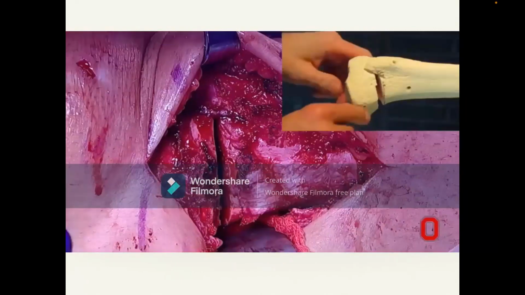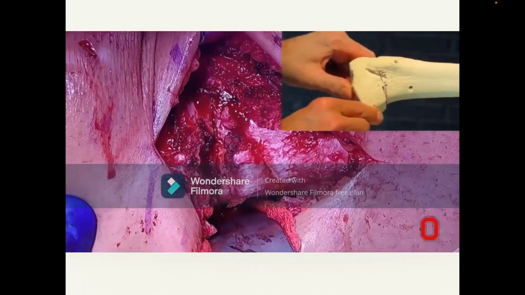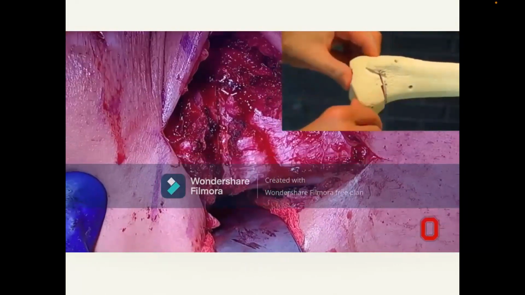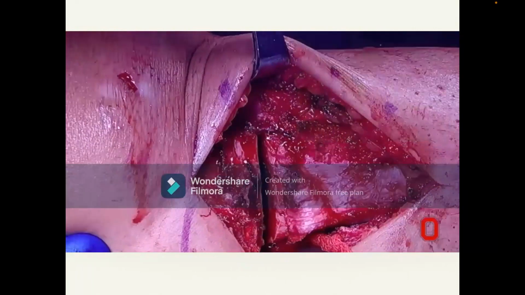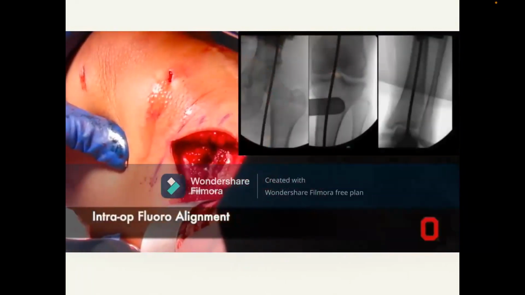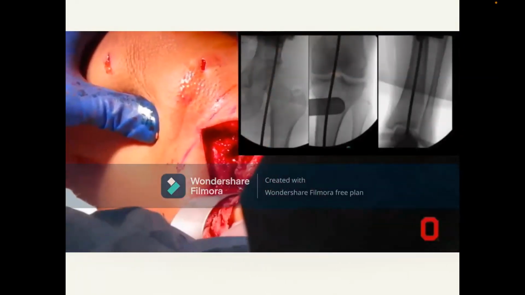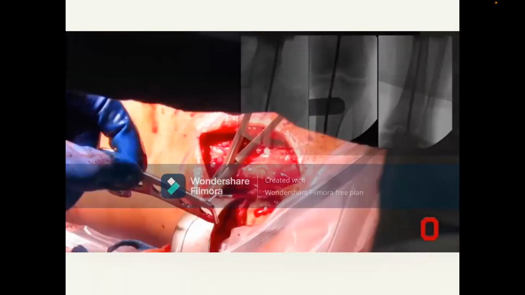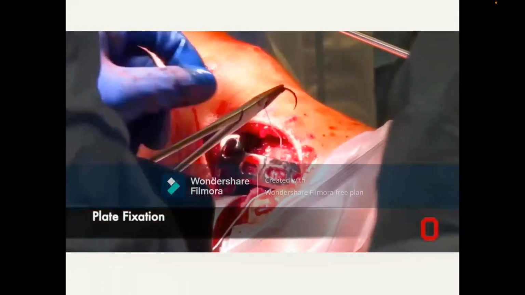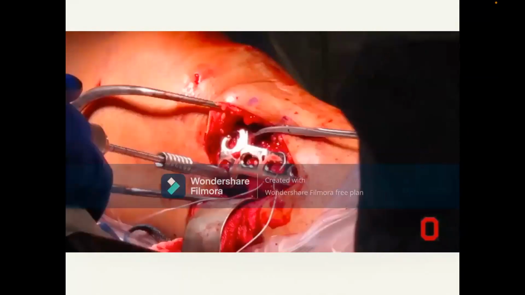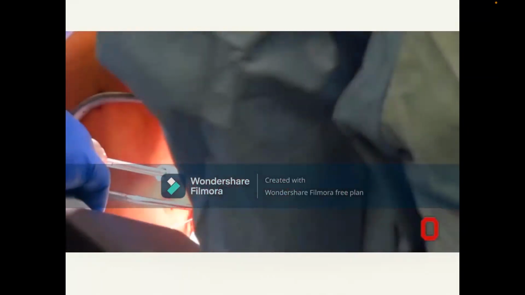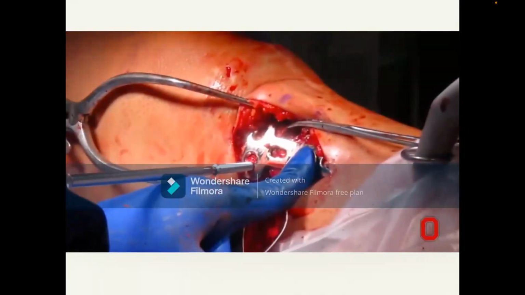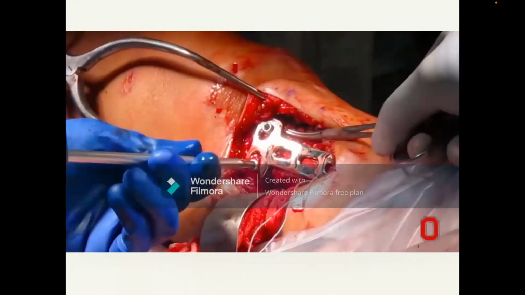Since the hinge is there, slowly close with mild varus, correct the osteotomy, and check the alignment intraoperatively. The pes has to be closed above the plate, and the suture should be inside, below the plate.